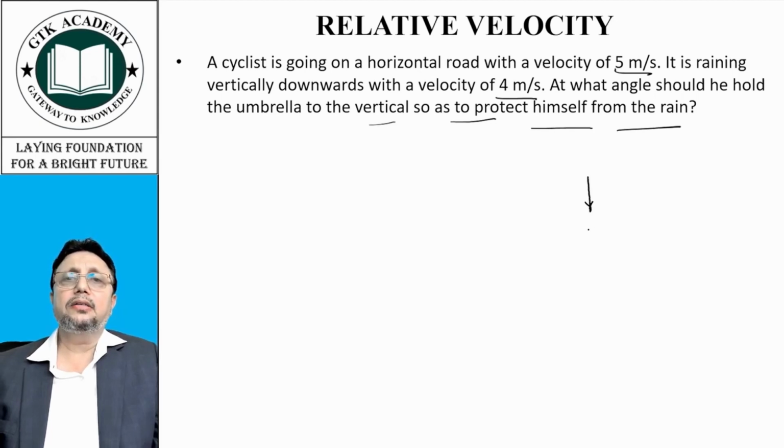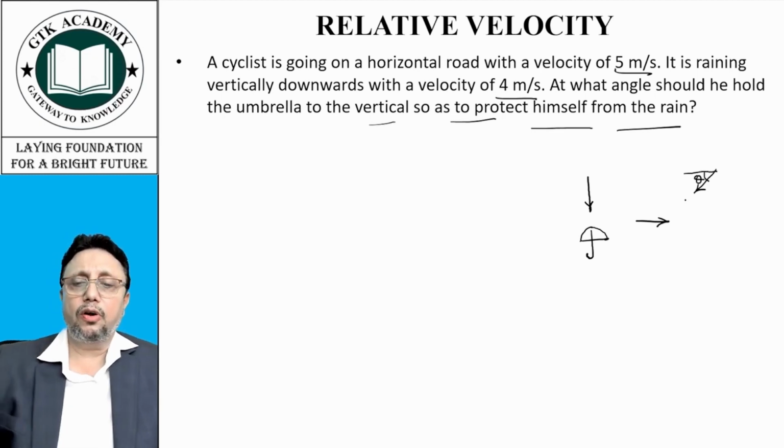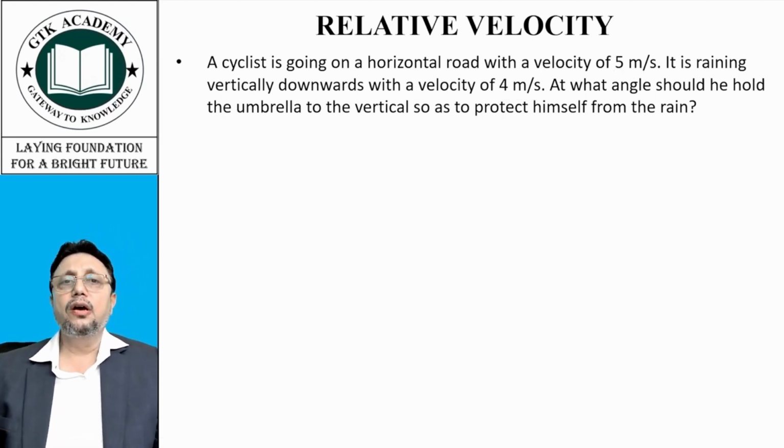Had my cyclist been stationary, he would have to hold umbrella like this because rain will appear falling vertically only. But since cyclist is also moving in this direction, rain will appear to fall inclined at some angle, say theta, with horizontal, what we saw in the case of car.